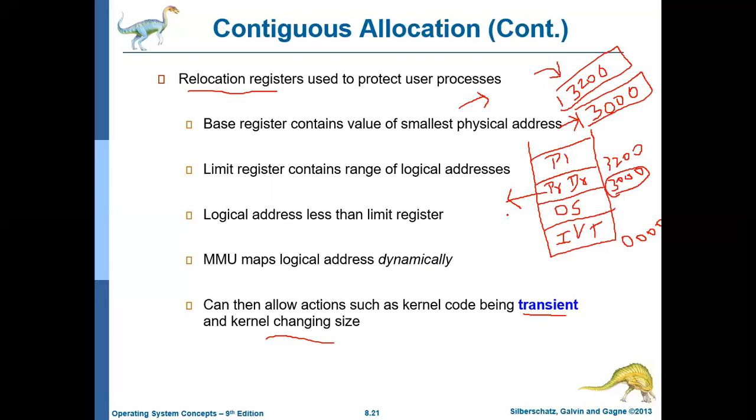So with the availability of the relocation register, the kernel size can change dynamically if there are any transient programs. Transient programs means programs which will not stay in the memory permanently. They may come and go. This print driver is an example of a transient program. It may stay for some time and then it may leave.